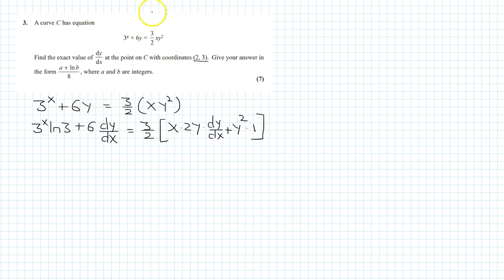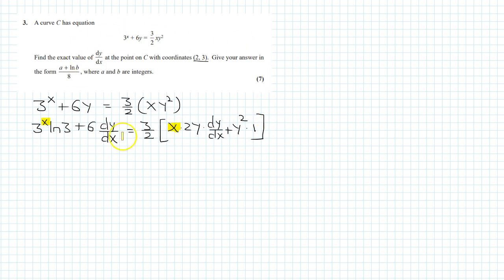Now this question says they want the exact value of dy over dx. So you can solve it and put the values, but it's good if we write all those values of x and y just here. So x will be 2. So we have x here, we have x here, and that's all.